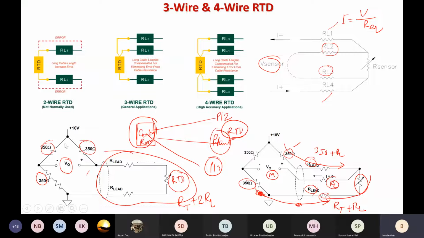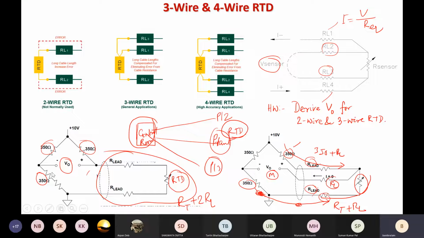For this simple Wheatstone bridge based circuit, for 2-wire and 3-wire RTD, please derive the output voltage expression, V out, and check how the effect of lead wire comes into the picture in 2-wire and 3-wire.